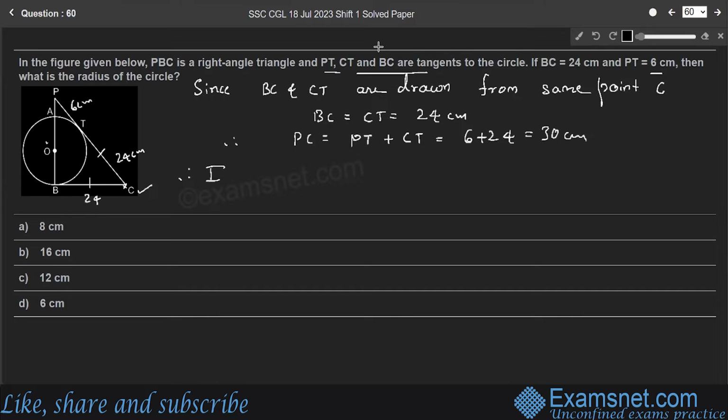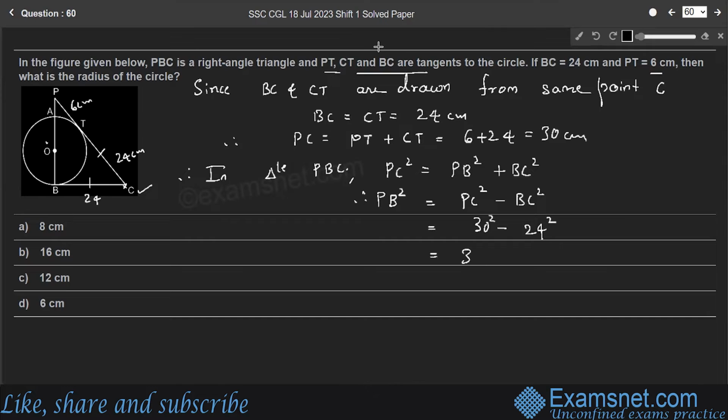Therefore, in triangle PBC, apply the Pythagoras theorem. PC square is equal to PB square plus BC square. We need PB here. So the square of PB is equal to PC square minus BC square, right? So therefore, PC square is 30 square minus BC square is 24 square, which is in the form of A square minus B square.